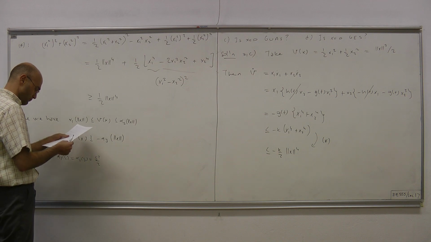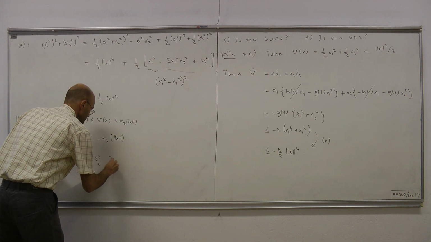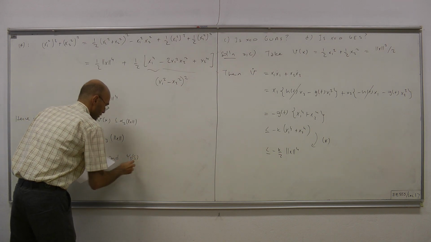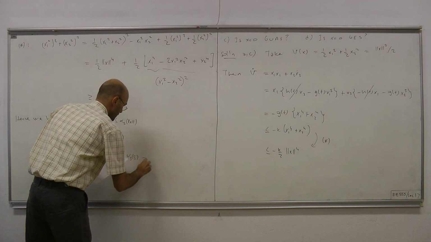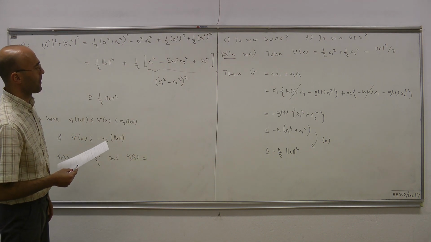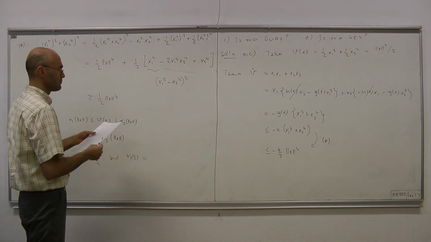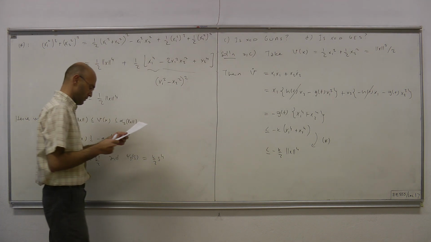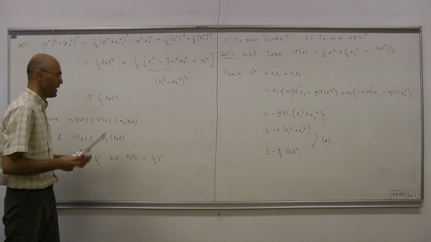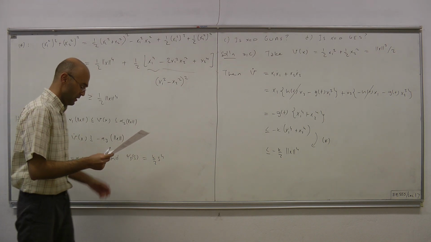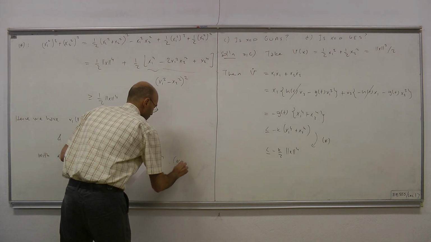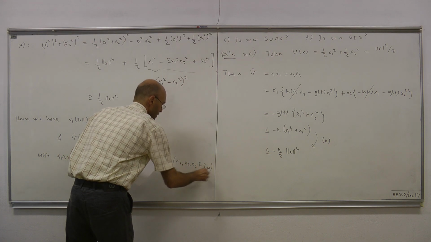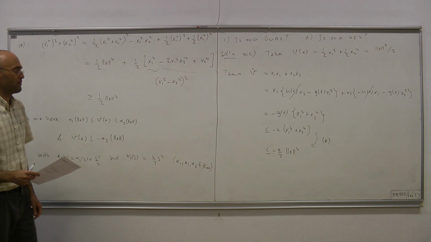And alpha 3 of s equals k over 2, s to the 4, and k is a positive number. Therefore, alpha 1, alpha 2, alpha 3 are all class K infinity functions.